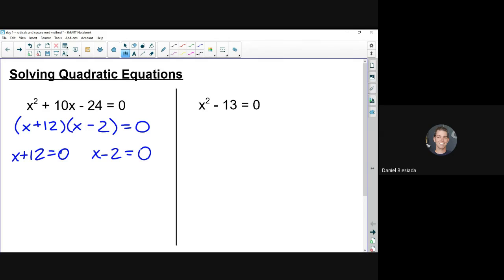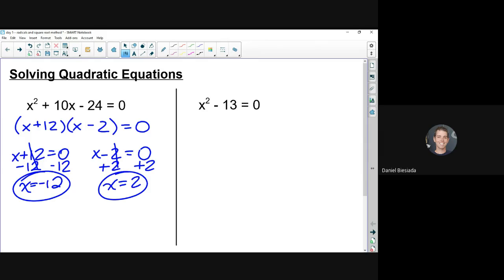And then both of those are pretty easy solves. I would subtract 12 on both sides for my first one. And then my second one, I would add 2 on both sides. And I would get x equals negative 12 and x equals 2.